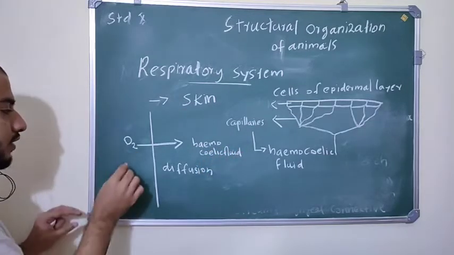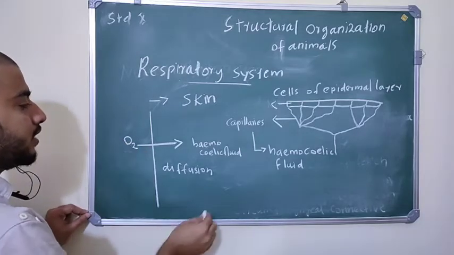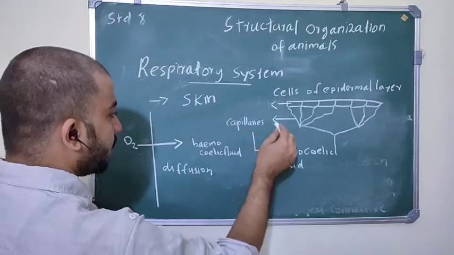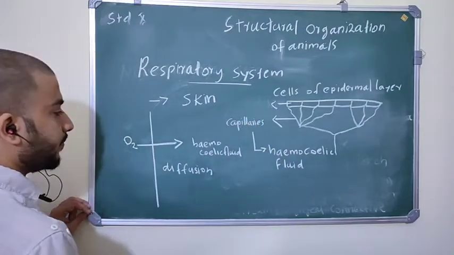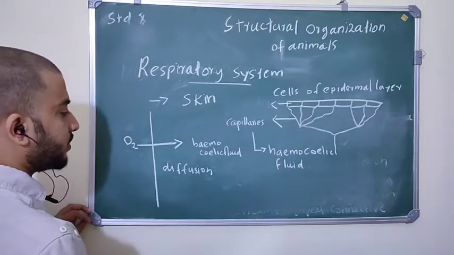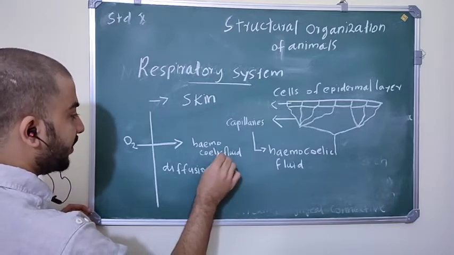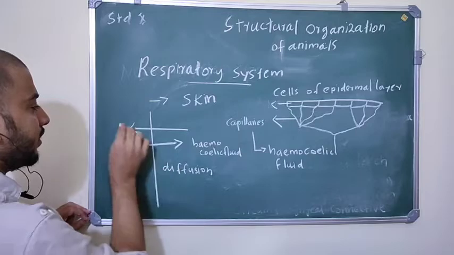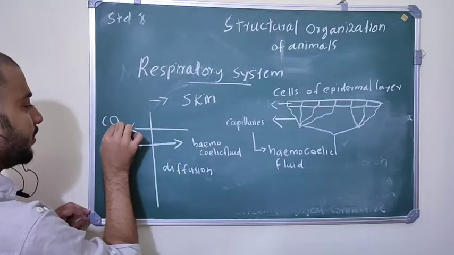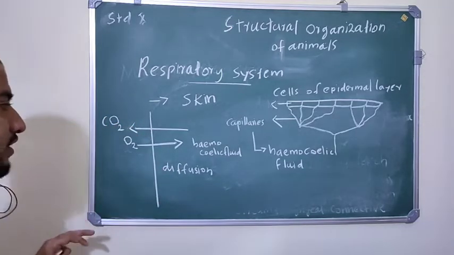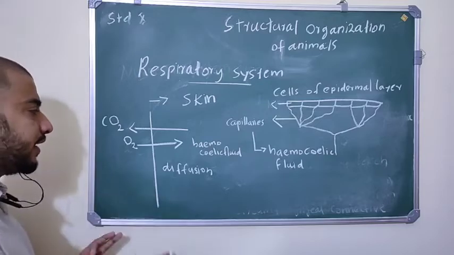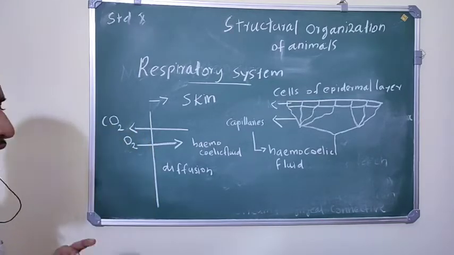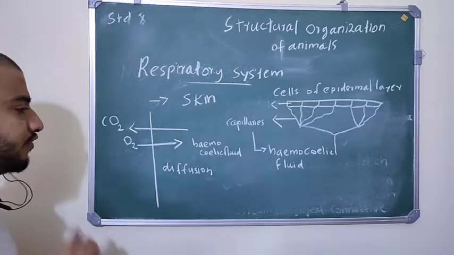So the oxygen dissolved in water enters into the hemocoelic fluid found in the capillaries. Okay. So the carbon dioxide which is present in this hemocoelic fluid goes outside by diffusion. So the exchange of respiratory gases, oxygen and carbon dioxide, takes place by diffusion.